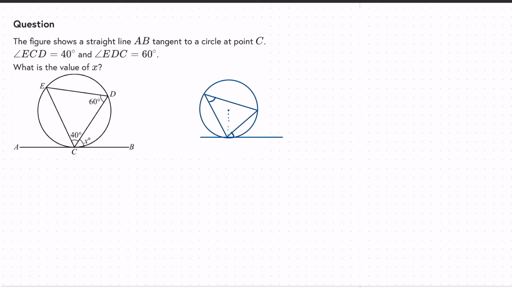Okay, so this angle, let's call it theta, is equal to that theta there.